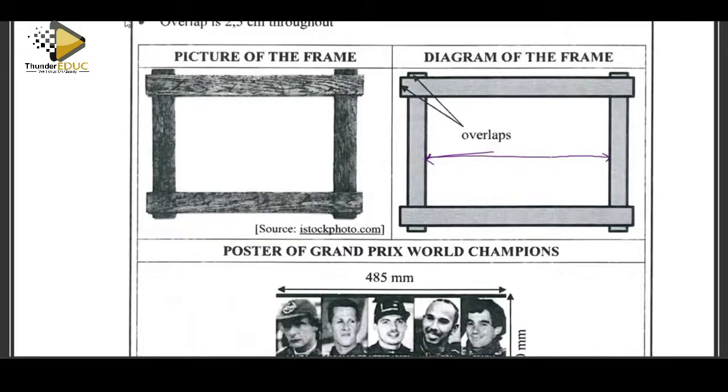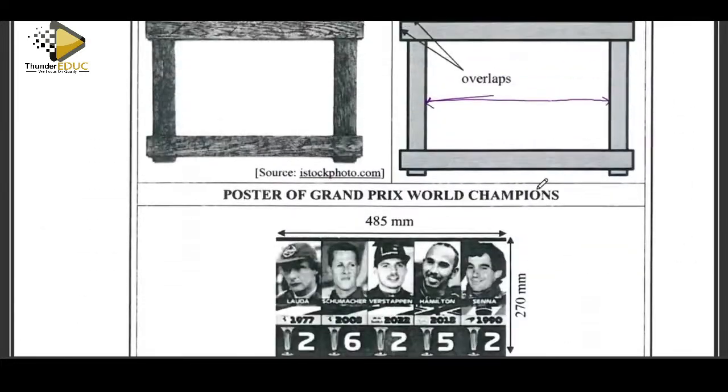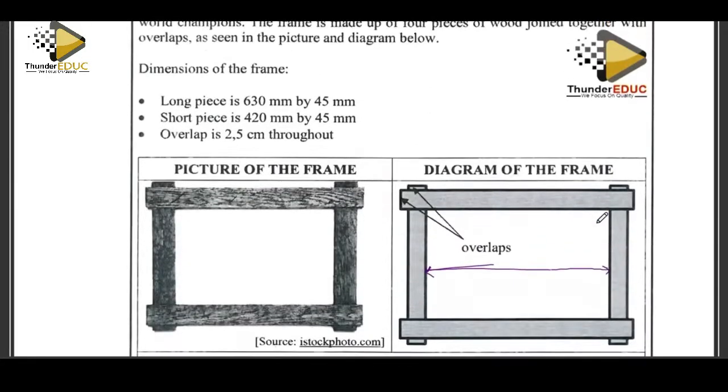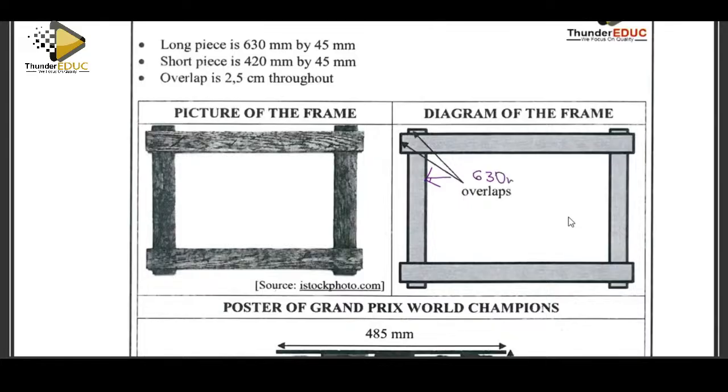So now what we need to think about is that because they have told you already, they have told you here we have some information. What simply means here is that outside this is supposed to be, but you're looking for inner. That means we need to remove this part here and also remove that plus the overlap.